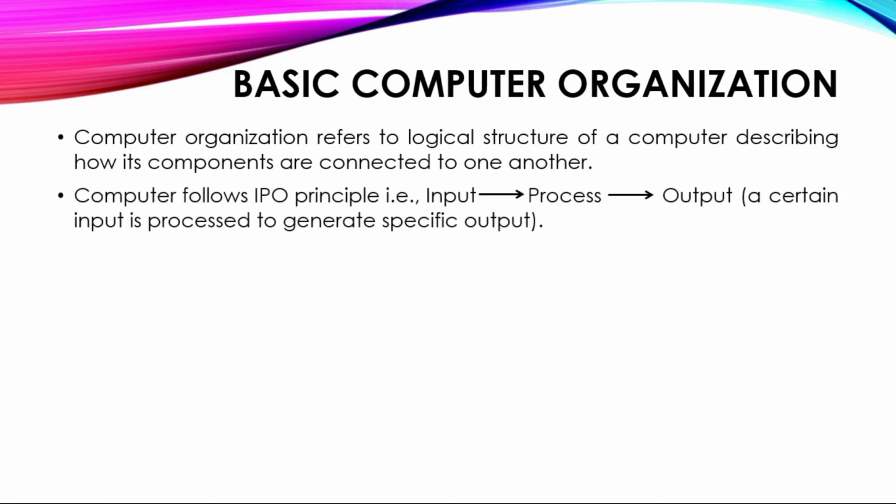Computer follows IPO principle, that is input process output. I is input, P stands for process, and O stands for output. A certain input is processed to generate a specific output. We all know in our day-to-day life also we go through this. Suppose I am asking someone to get a textbook from the next class.